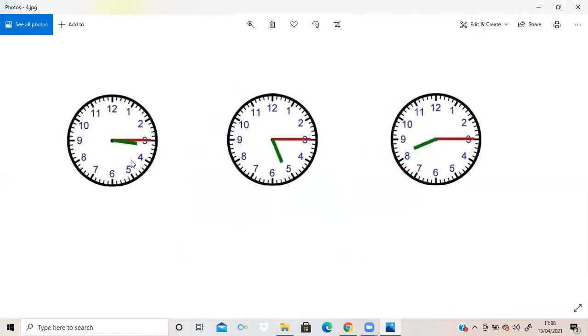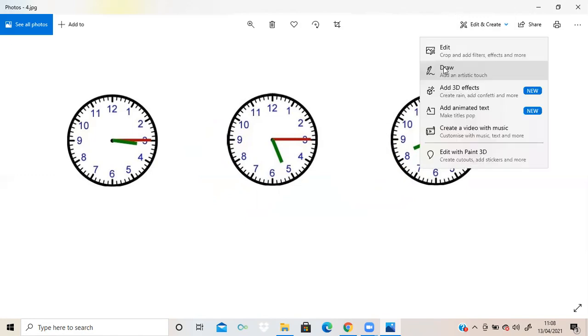Now we're going to practice these three clock times, and let's see how we can learn quarter past.